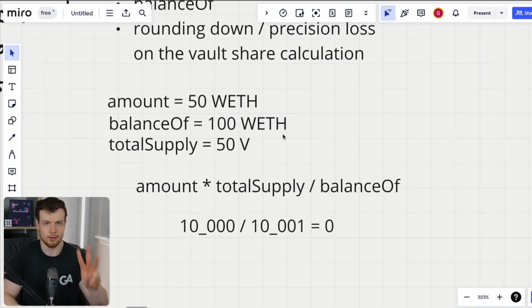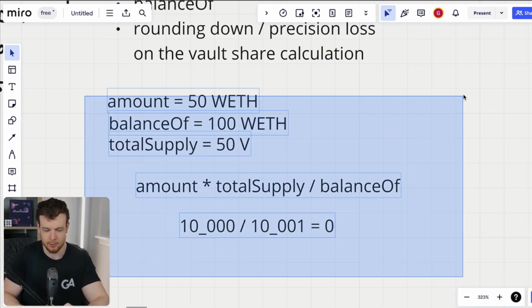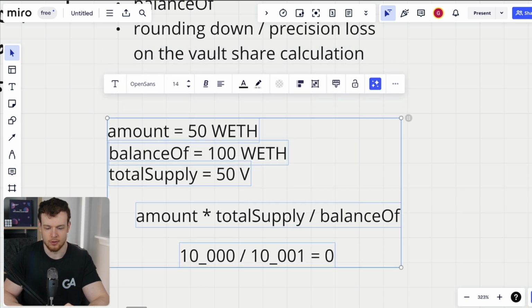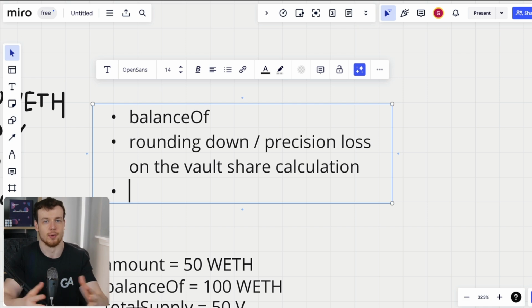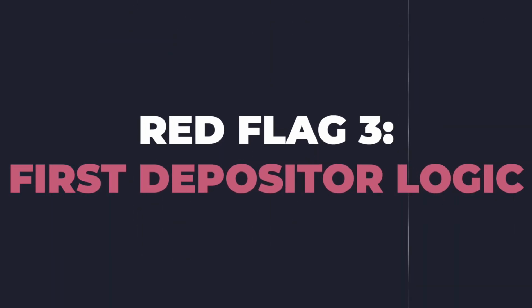Now, the third and final red flag that we want to be on the lookout for, the trifecta to complete our list before we can confirm that we do indeed have an inflation attack here, is the first depositor logic.